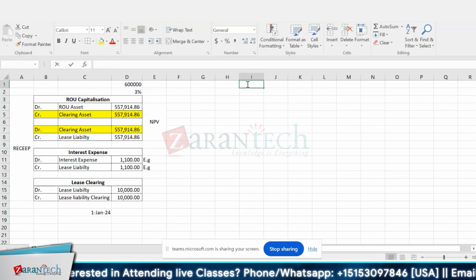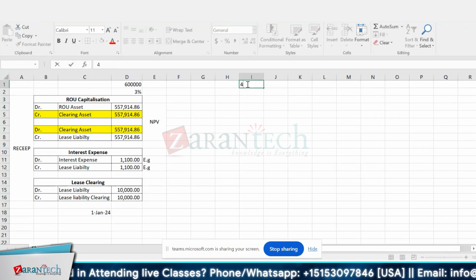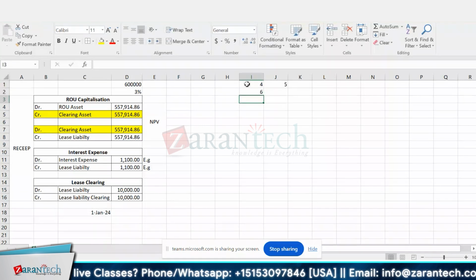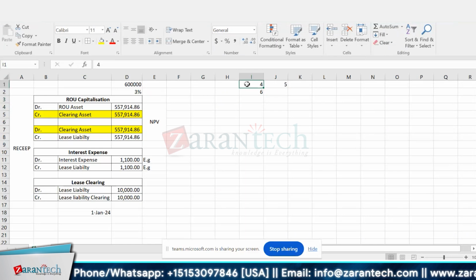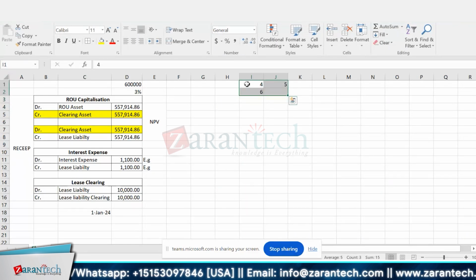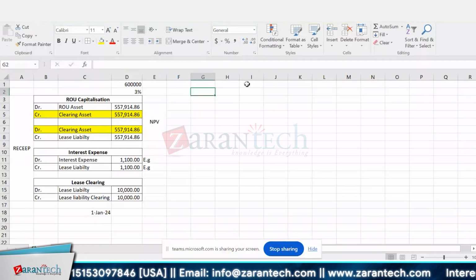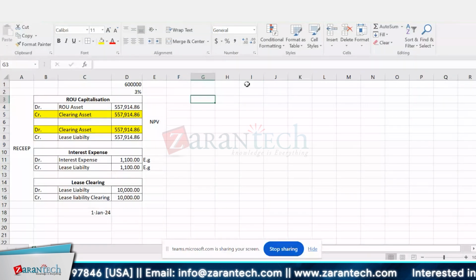No, there might be a scenario where I can receive it on 4th, 5th, 6th, something like that as well, right? Correct. Until and unless we receive an invoice from the vendor, do we post invoices? No, right?